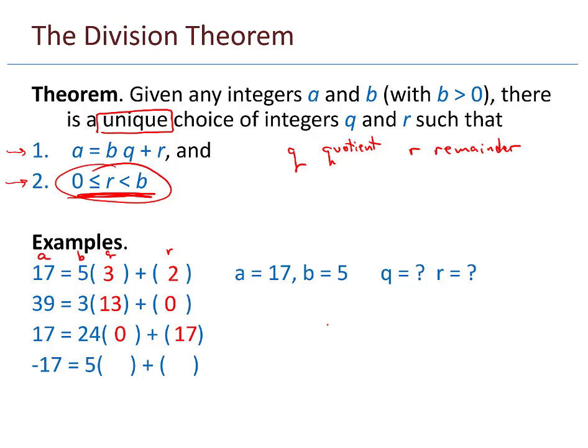Negative 17 is 5 times negative 4 with a remainder of 3. So this remainder, in this case, it has to be, let's see, 5 is my divisor, so the remainder has to be 0, 1, 2, 3, or 4. So you need to figure out the correct q to put in there to make your remainder one of those numbers.